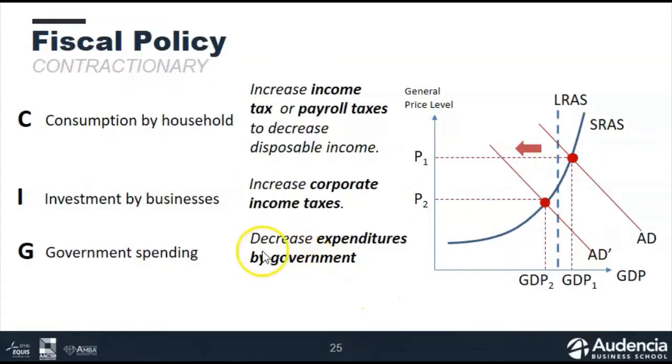And obviously, governments can decrease expenditures of their own goods and services. So that would be a contractionary fiscal policy. Now, you're probably wondering what happened to net exports. It's the last component of GDP: consumption, investment, government spending, and net exports. We'll see that in a minute.